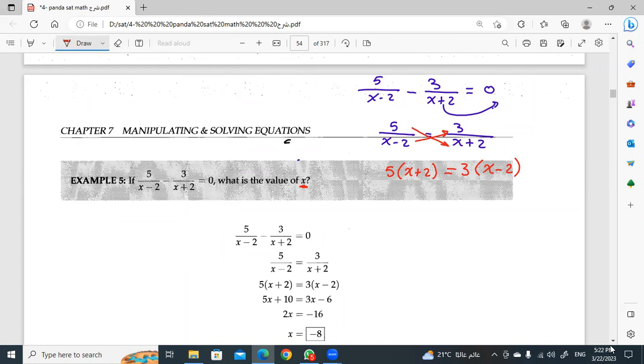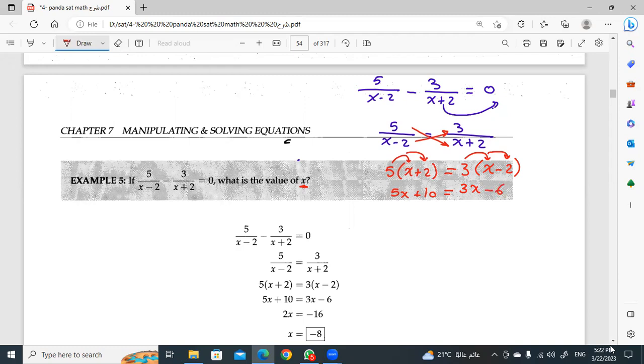Now I get rid of the fraction, so I just distribute the numbers. 5 multiplying by x is 5x, and 5 multiplying by 2 is 10, equals 3 multiplying by x is 3x, and 3 multiplying by negative 2 is negative 6.